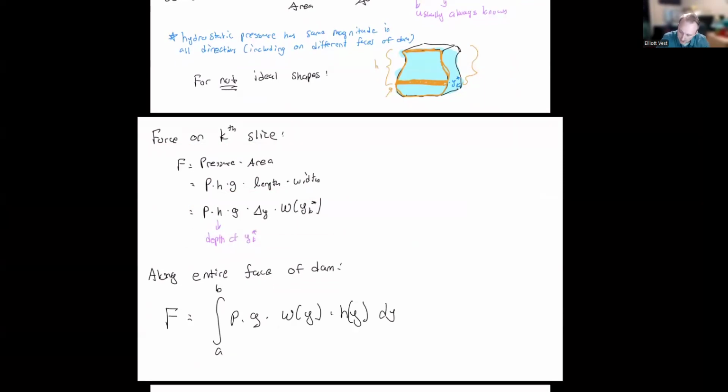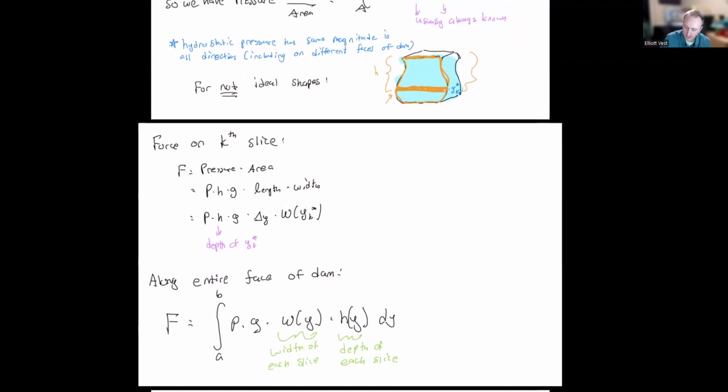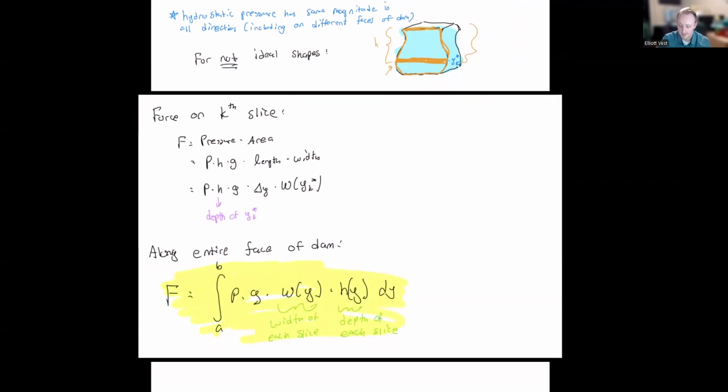So this is the width of each slice, and this is the depth of each slice. And that's really the last formula that we're going to be using. It's written in a neat way, where now it's just like, okay, find the width of the slice, find the depth of the slice, plug it in, and let's go, you know?